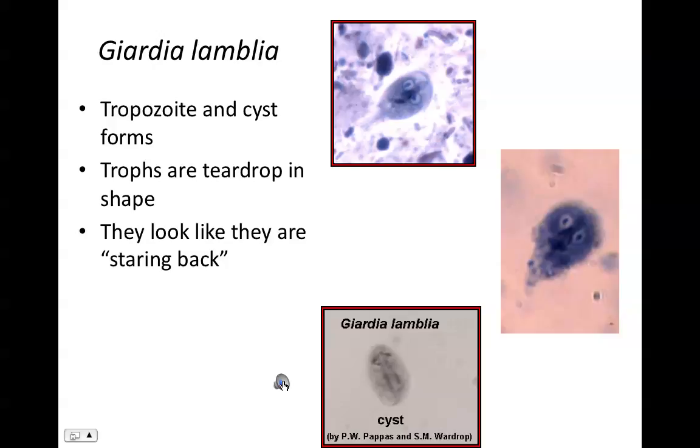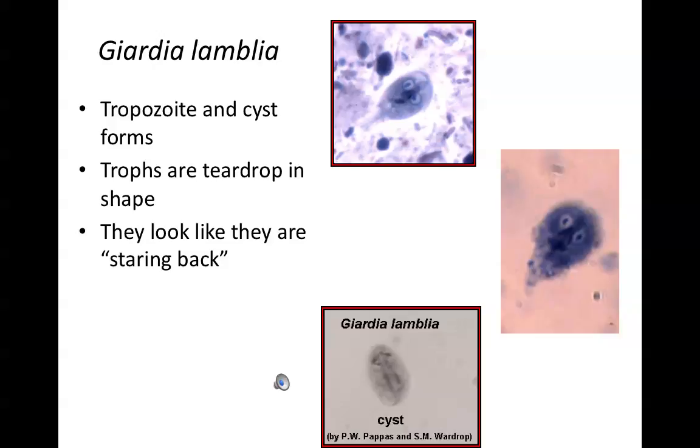Giardia lamblia can be found in two forms or structures. One is a trophozoite, which simply means it only has a cytoplasmic membrane as its outer surface, and it has a teardrop shape with two nuclei, so that when you look at these through the microscope, they often appear to be looking back at you with those two nucleated cells.